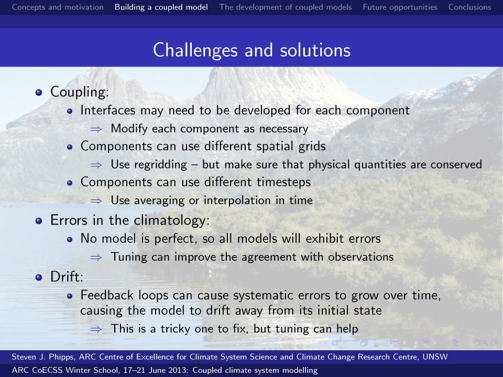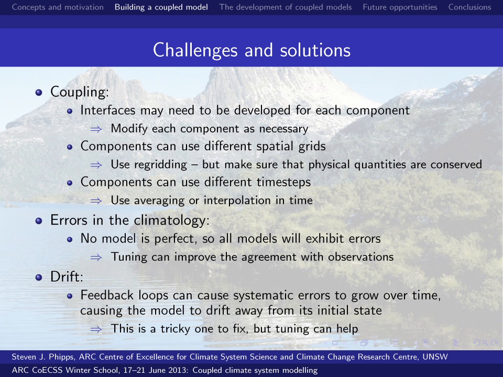Once you've coupled them, of course, errors in the climatology will inevitably arise. No model is perfect, which translates as all models are wrong, or all models will exhibit errors. But at least by tuning your model during the development process, you can improve the agreement with observations.